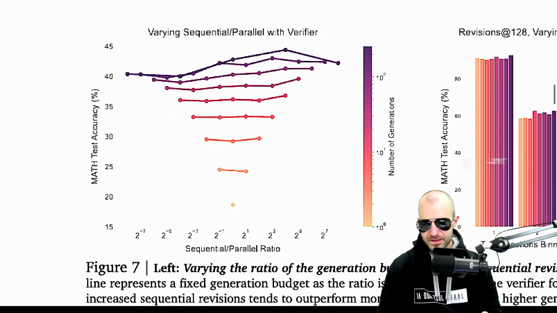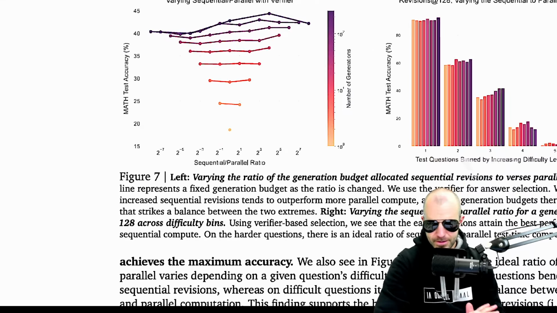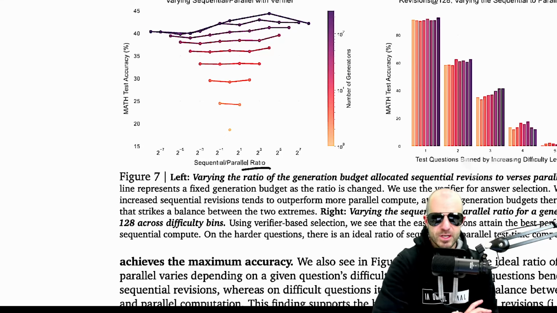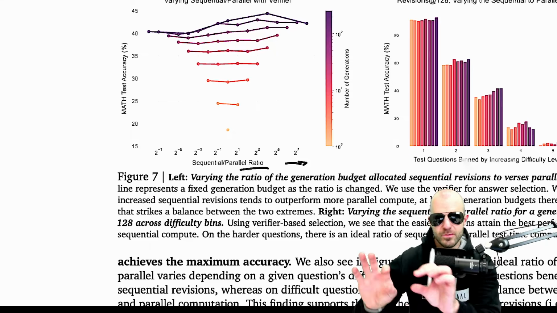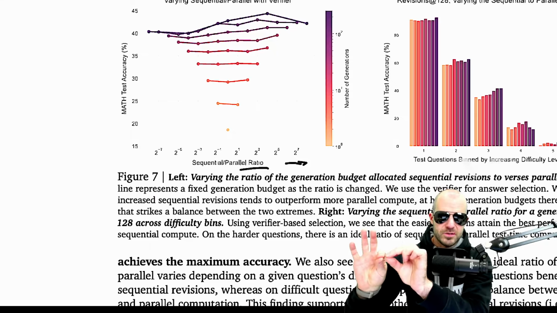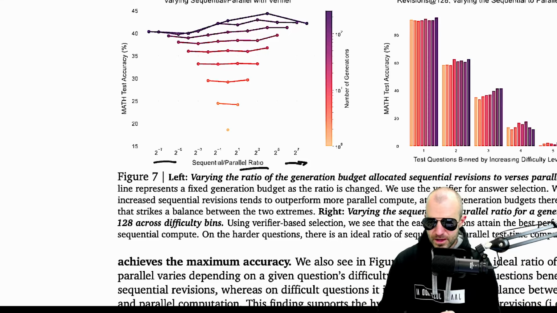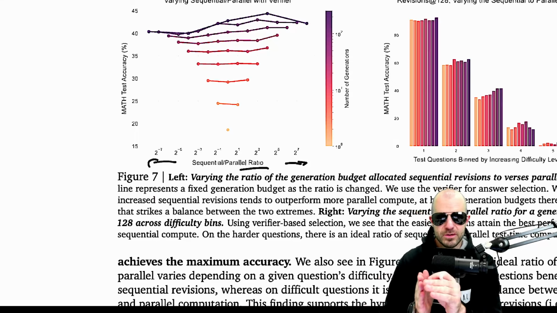Yes, so these are the results. On the x-axis is the ratio between sequential and parallel computation. So the further right you go, the more sequential it is, the more they invest their budget into producing longer chains of refinements, and the more to the left, the more parallel it is, the more they invest their budget into just parallel.